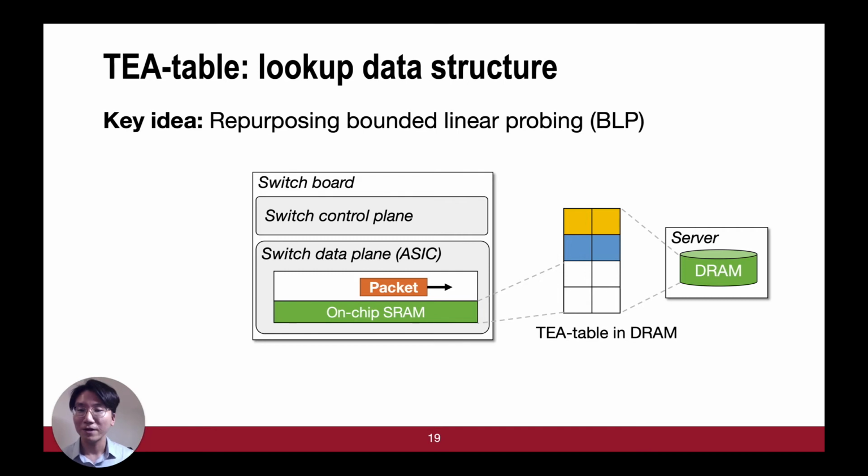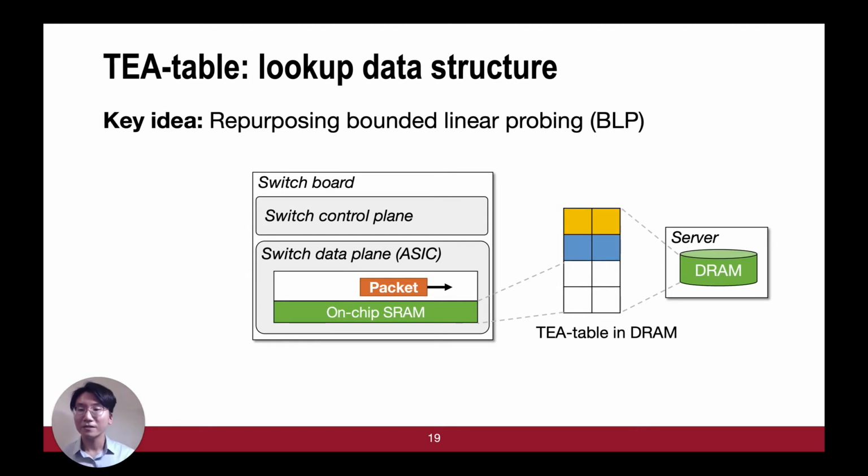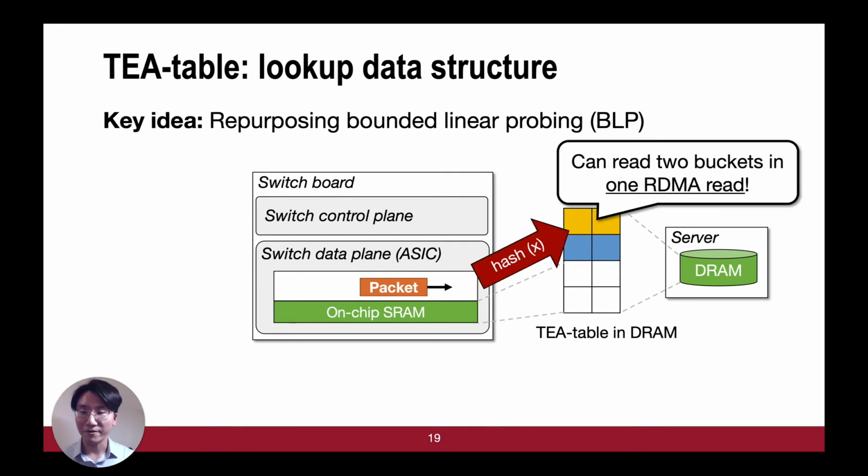To do so, it trades some amount of space efficiency for contiguous bucket allocation, which works well for our needs. This contiguous allocation allows us to retrieve two buckets in a single RDMA read. Then the ASIC can parse entries in those two buckets. Also, it significantly simplifies our insertion and deletion logic as well.